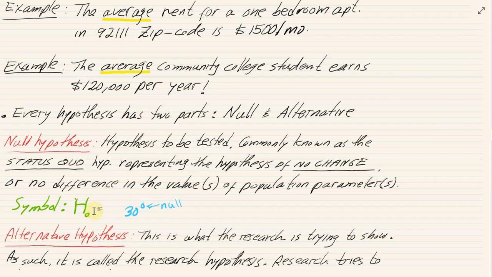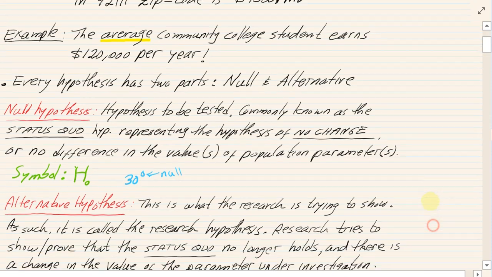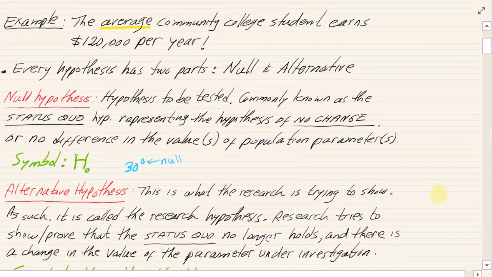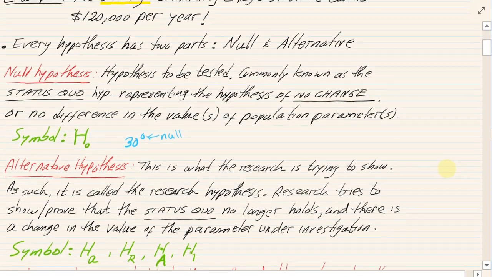Now the other part of the two-part statement of the hypothesis, the alternative hypothesis, there you go. This is what the researcher actually is trying to show. So because of that, we often call the alternative hypothesis a research hypothesis.